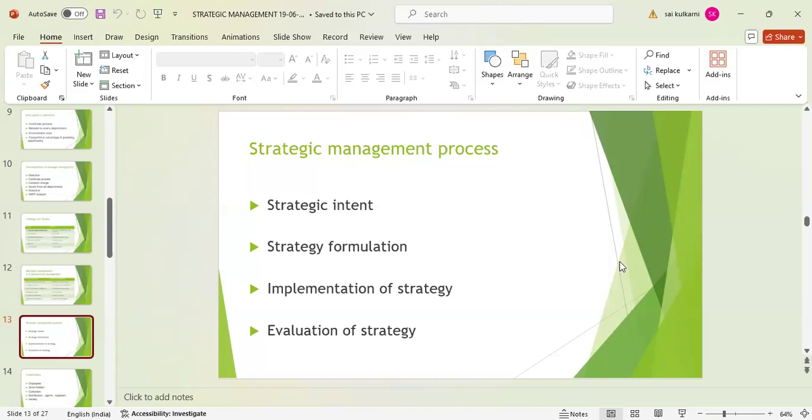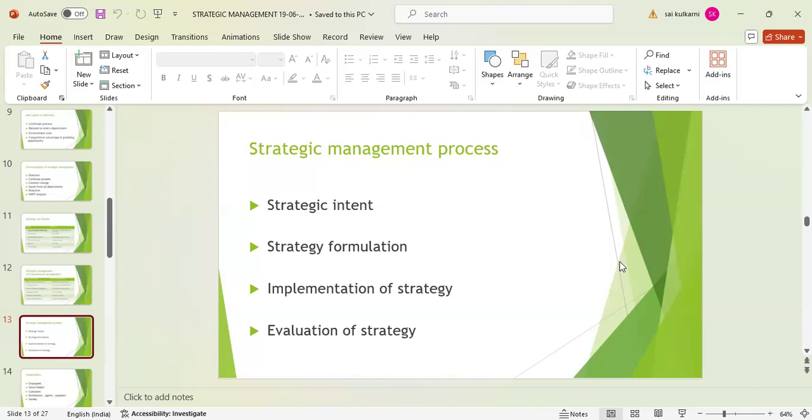So simply, this is just a logical process. First, strategic intent means to collect the information, to collect the data, to study the data. In that, vision, mission, objectives of the organization, limitations of the organization, and SWOT analysis are covered. After studying the basic information, you can formulate the strategy. This is the second stage.